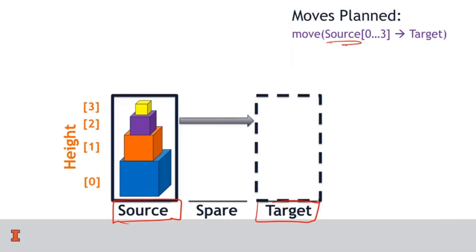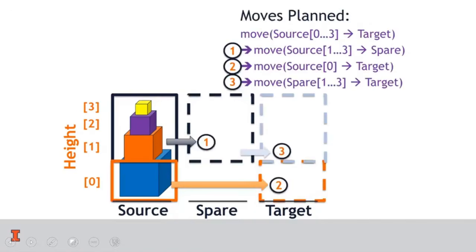To move a stack of 4 blocks from the source to the target required 3 steps. The first step was to remove everything but the 0th block, so blocks 1, 2, and 3, to the spare tile. So we want to move this tower to the spare tile.